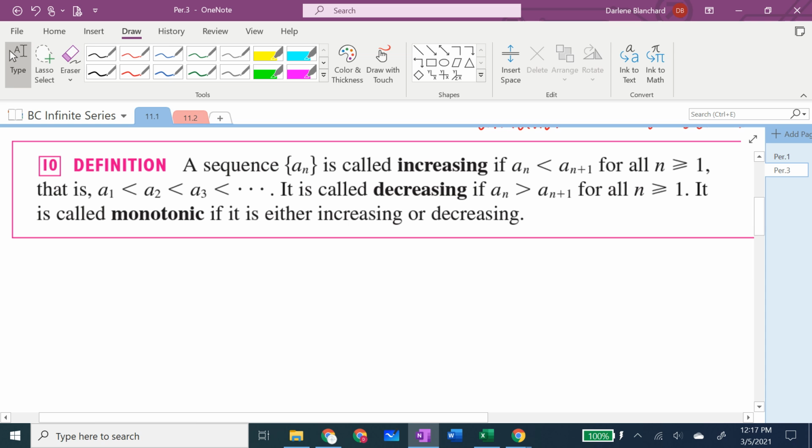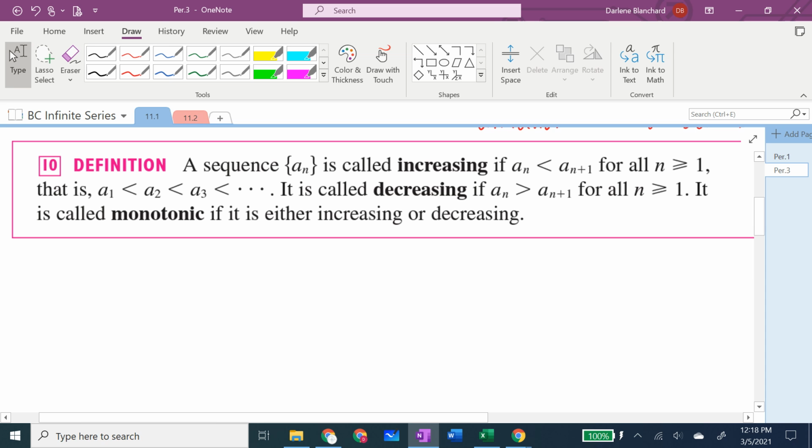Note that if you see the word monotonic, it is referring to either increasing or decreasing without specifying which one, because that is important. It's going to be very important to know if the numbers are all getting bigger, bigger, bigger, or smaller, smaller, smaller, or are they going all over the place?